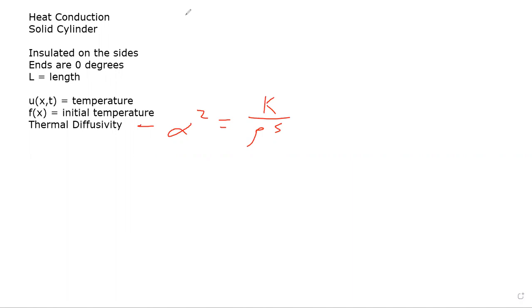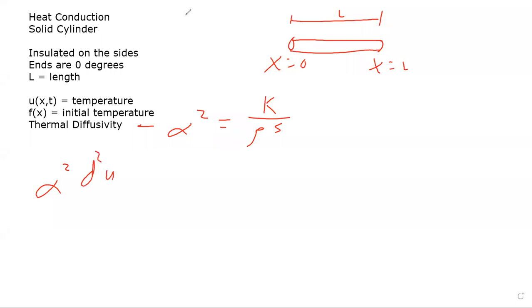And now what's going to happen is we have our rod. Over here is where x equals 0. Over here is where x equals L. And then our rod is L units long. So we're going to use this equation: alpha squared times the second derivative of u with respect to x.